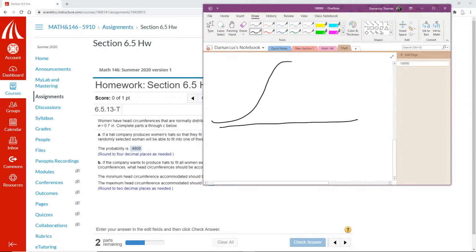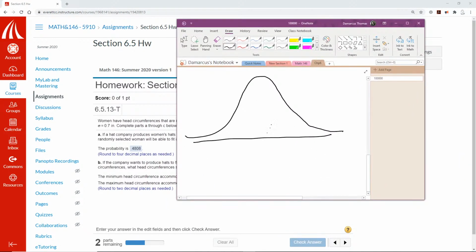Let's make our distribution. And remember, my sample mean is 23.68. My little deviation guy is 0.7. And actually, it should be this. It's the population of all women. We're talking about the population.